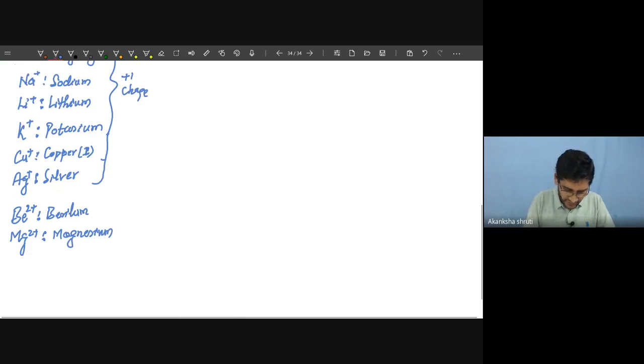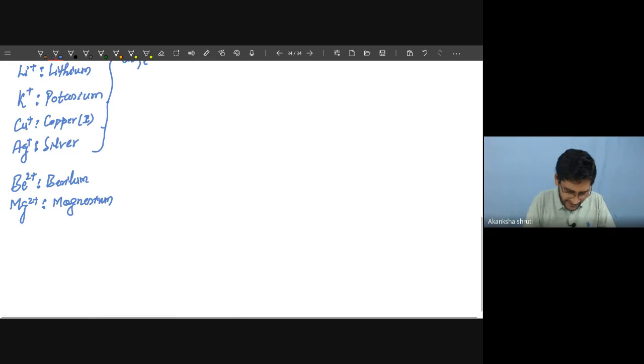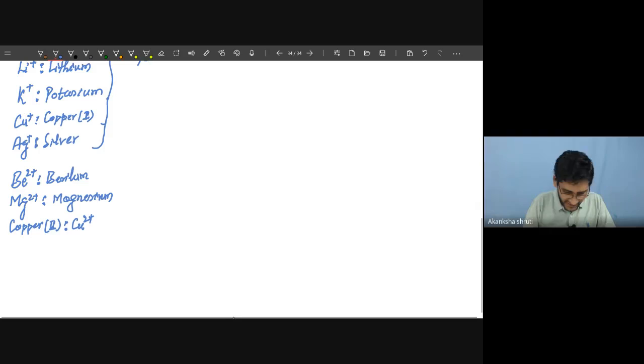The others with 2 unit positive charge, there we have written in that table. What are they? Could you recall some of them? So copper. Student, copper can also show 2 unit positive charge. So copper 2 is denoted as Cu2 plus. The other, iron. Yes, the iron, with 2 unit positive charge as Fe2 plus.